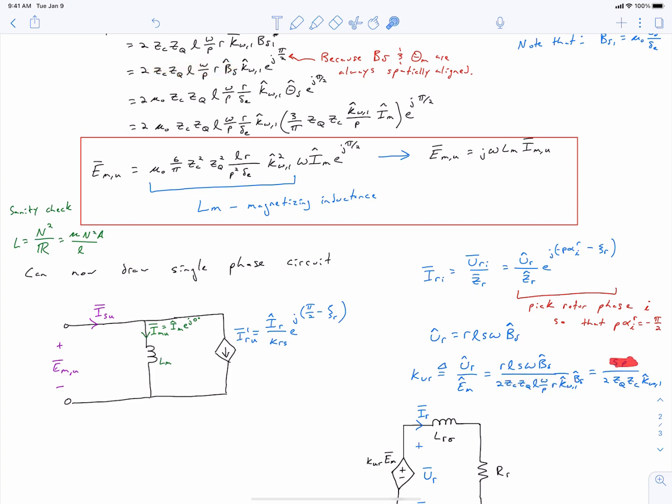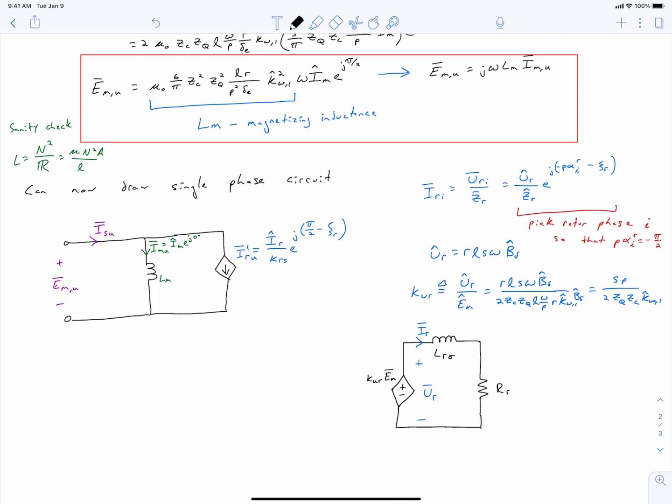And if we cancel terms, we end up getting a simpler expression on the right side: our slip times number of pole pairs divided by 2 times the total number of turns in series of our stator winding times our fundamental winding factor. And you can see that it was critical that we found a rotor phase where our back EMF had this phase angle, because that is the phase angle of our stator voltage.